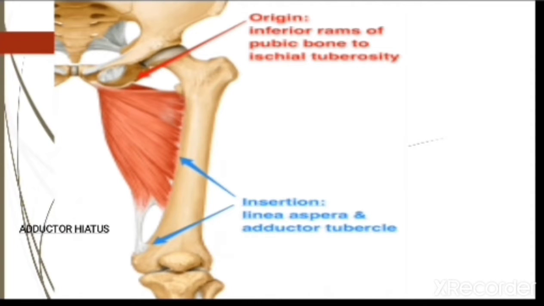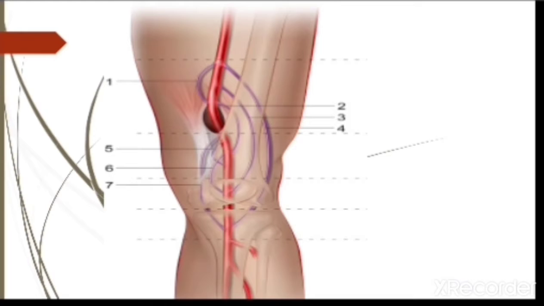So this is the adductor magnus. Here we have the largest opening in the adductor magnus muscle. This is the adductor hiatus, and this is the point where femoral artery ends and further continues downwards in the form of popliteal artery. So this is the formation of popliteal artery from the adductor hiatus.